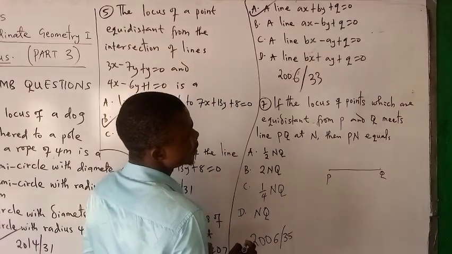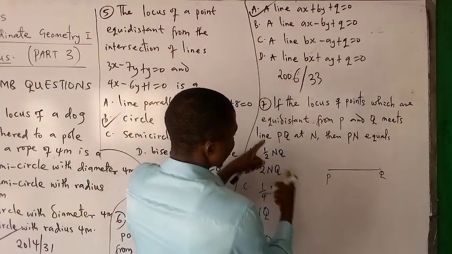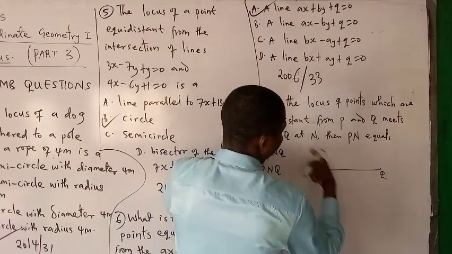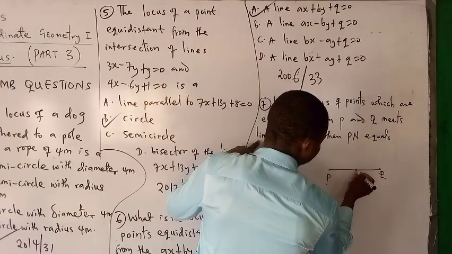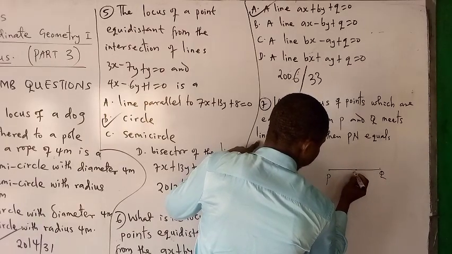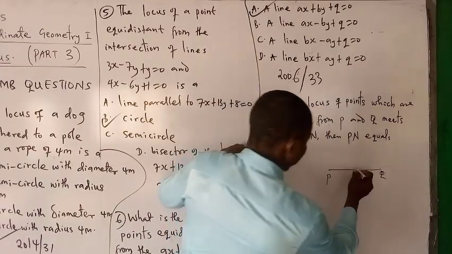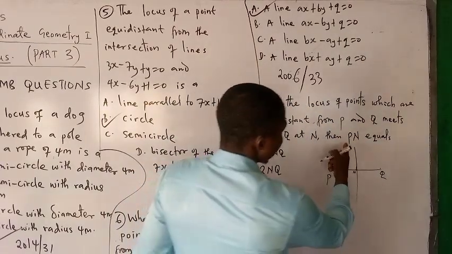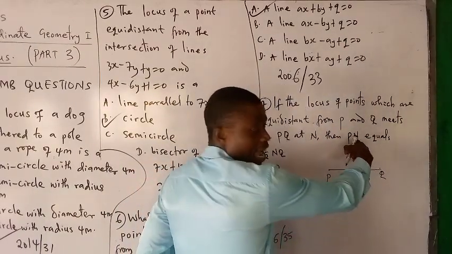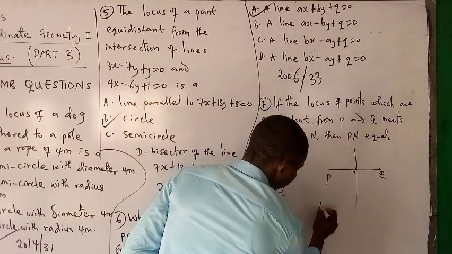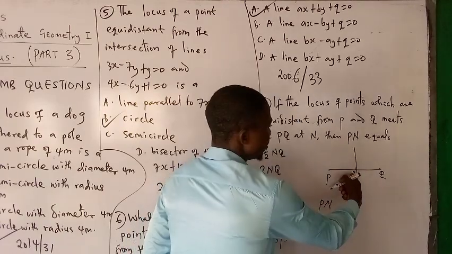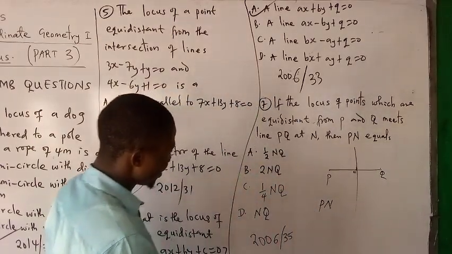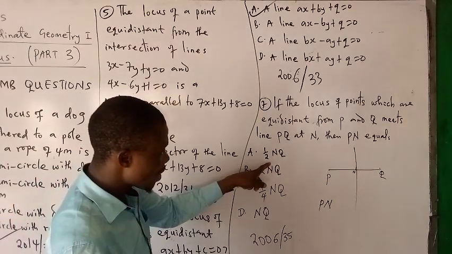Then it meets line PQ at N. Call this N. So this is the locus. Now they say PN, which is this, PN equals: A, half of NQ.